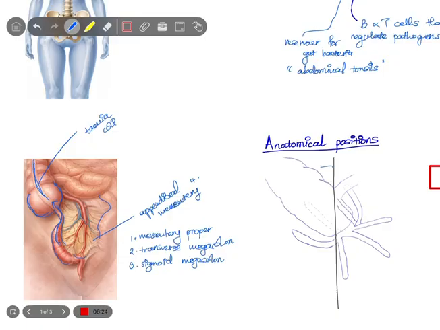Now, branching off more closely into the mesoappendix, it contains the appendiceal artery, which branches off from the ileocolic artery. Now, this is of surgical importance since it has to be dissected in order to remove the appendix.